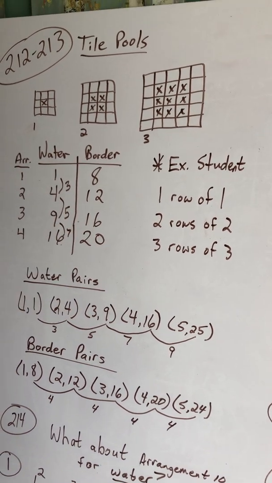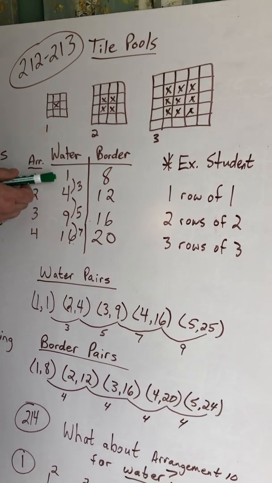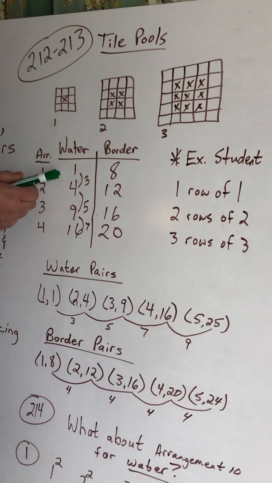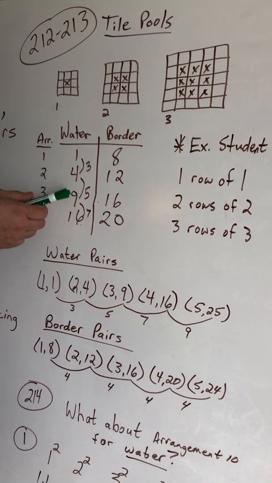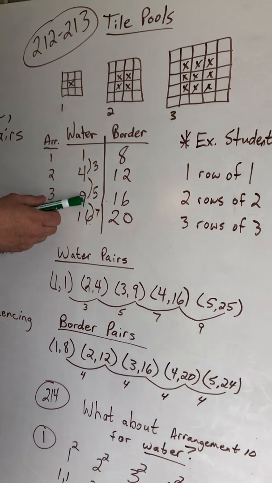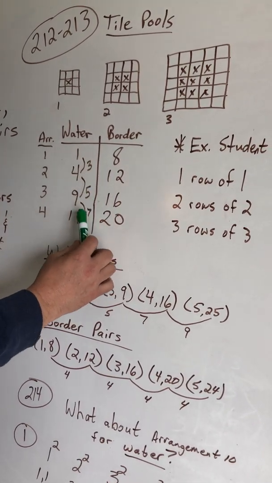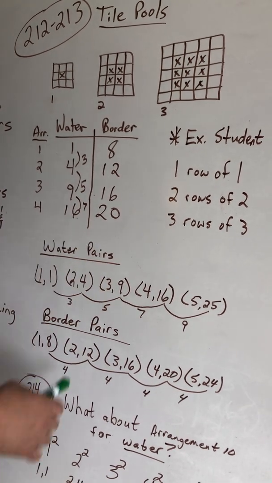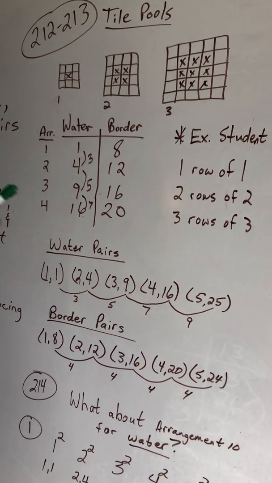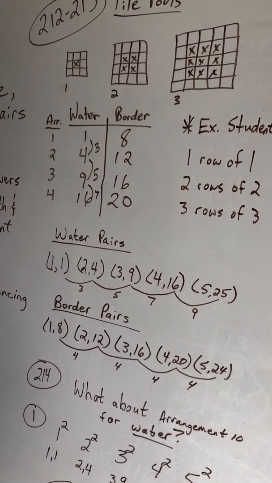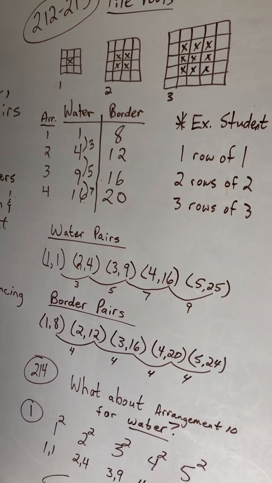And if you keep going up like this, you will see the pattern for the water is from arrangement 1 to arrangement 2, it goes up 3. And then arrangement 2 to arrangement 3, it goes up 5. And then the next one is 7. So it's going 3, 5, 7, 9, 11, and it keeps going up by 2, okay? Odd numbers, okay? Now you'll see the border goes up 4 every time, all right?